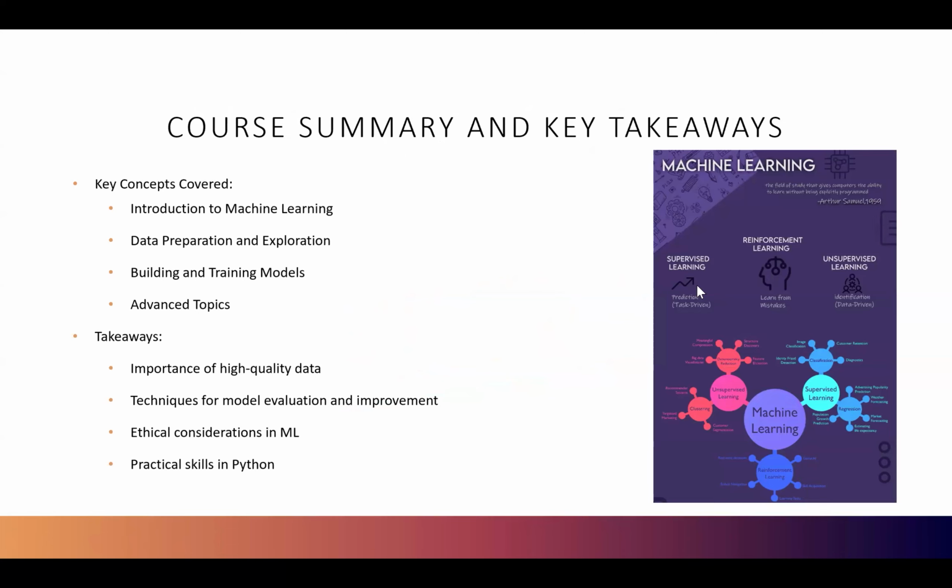We spoke about data preparation and exploration. We discussed how we can build and train a model, and we shared some examples. And we ended with some advanced topics, including unsupervised learning and dimensionality analysis. What do I want you to take out of this class?